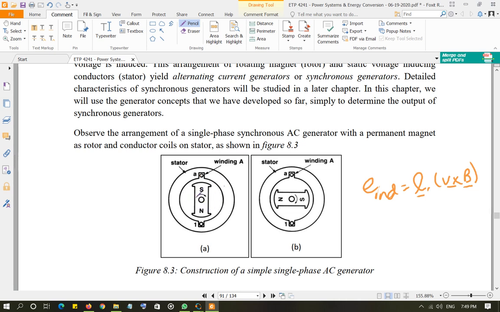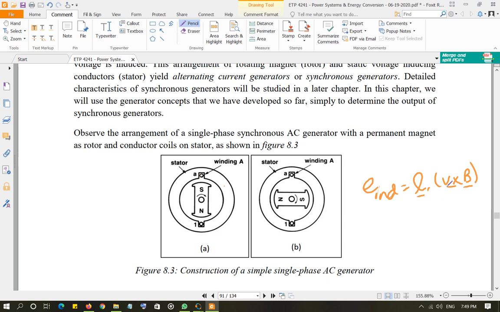So if the magnet is moving clockwise, the winding with respect to the magnet will be moving counterclockwise. I mean, it's not moving, but if you sit on this magnet and look at the winding, it will look like the winding is going in the opposite direction as you're moving clockwise.